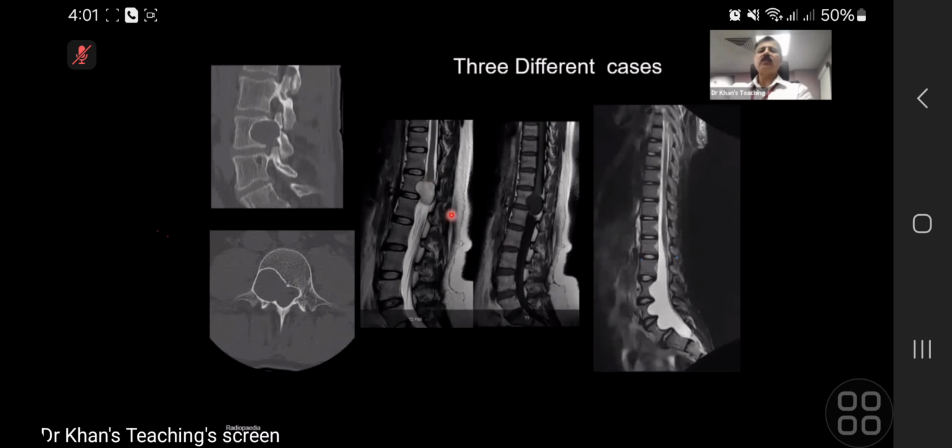So that is the learning point in this case, that you have to ask for axial in the beginning. I would like to see the axial, describe it, and then tell the examiner that I want to make sure that it is where it is. And it was, the differential will be a schwannoma or a neurofibroma.